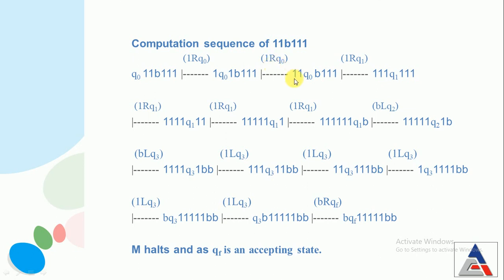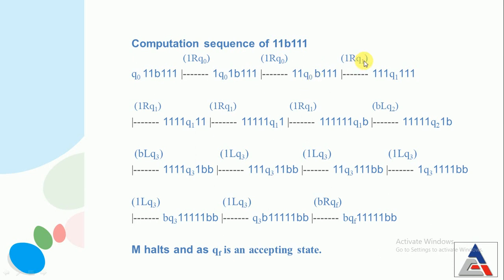So again you will get two ones, Q0, B, 111, right? Here you will apply step 1: when the separating symbol is found, that is B here, this B will be converted into 1. Now the symbol changes, therefore the state changes, right?